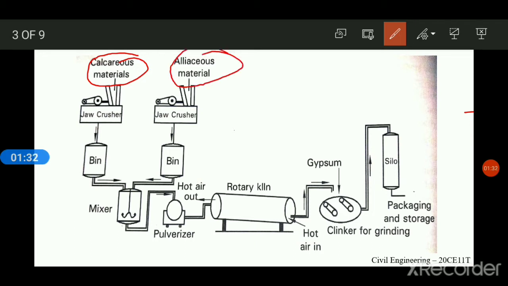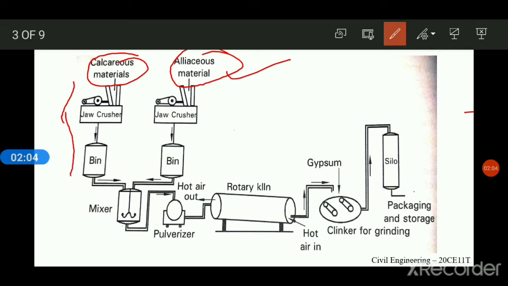The argillaceous material is generally clay. It is fed into a crusher and reduced to 25 mm size, and it is stored in a separate silo, that is, a bin or storage. The calcareous material goes to crushers and then to storage.